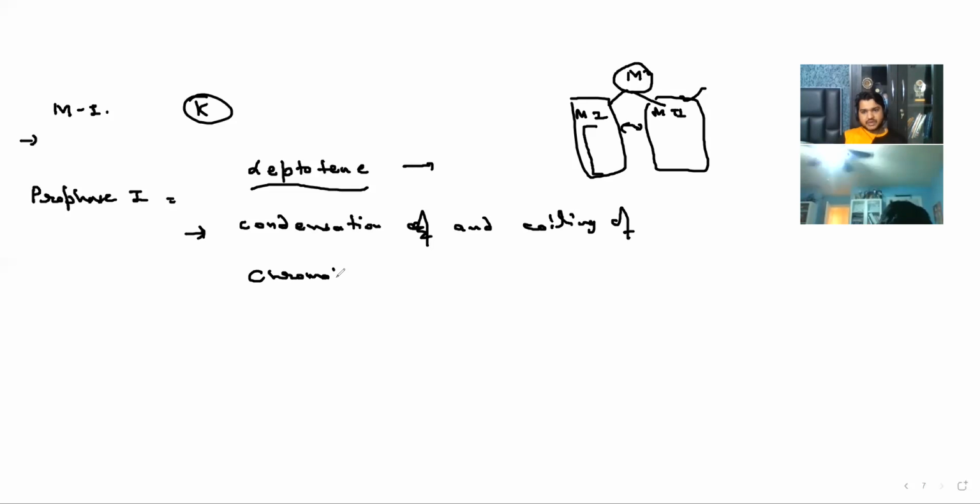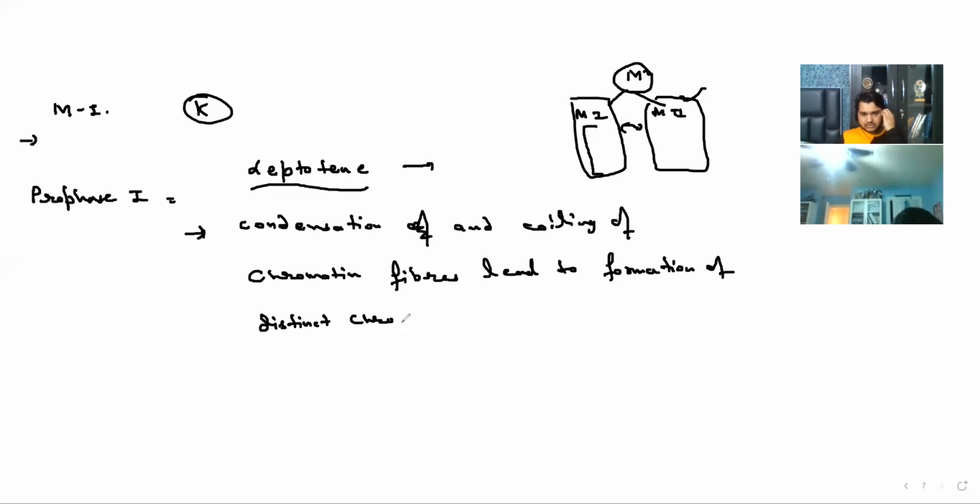Whatever chromatin fibers they have, they start condensing and coiling, and this leads to the formation of distinct chromosomes. They look like a fine single thread.